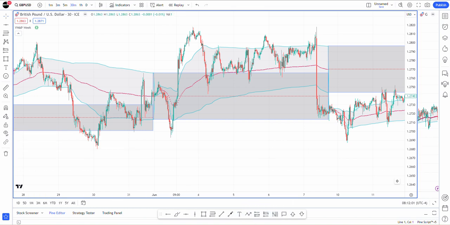So I'll just look at it and mark it out quickly. Or let's use this. Right here it opens in the range. Now if it gets to this side of the range, I'm expecting it to move to the other side. And if it's outside the range, I'm expecting it to bounce and go further that way.